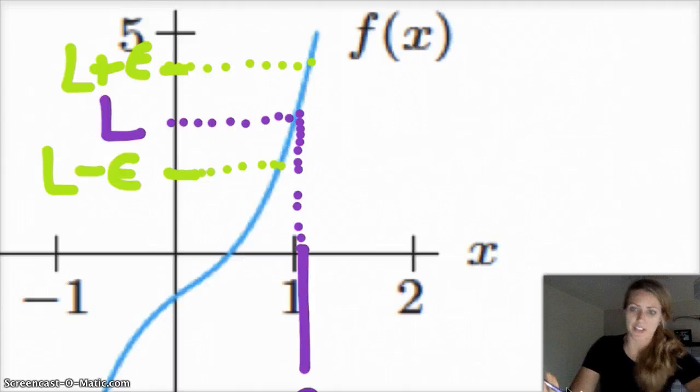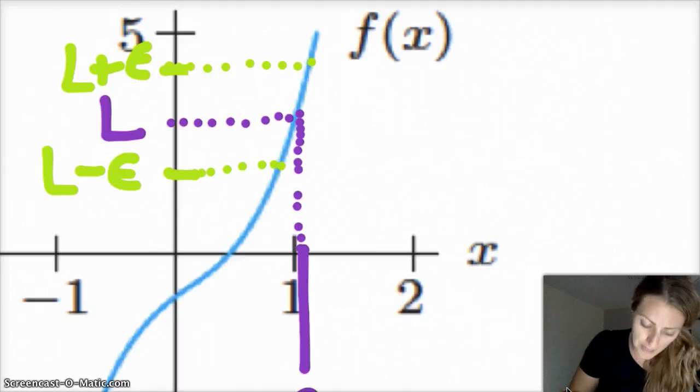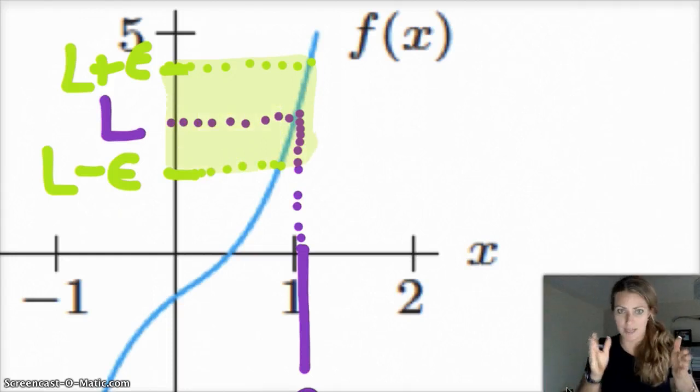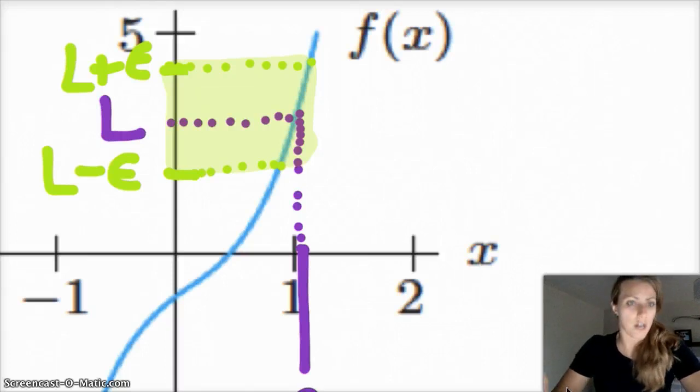I've changed a couple colors here, but basically this range is epsilon away on both sides, absolute value, of the limit L, which is what I'm trying to get close to.